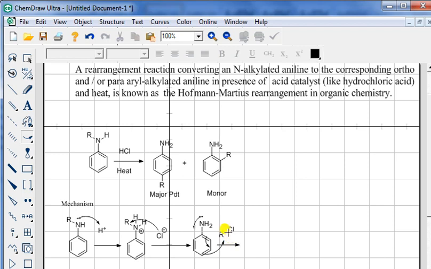Ortho is same. So this double bond will attack now here. So at the same time, you came to know what is Hofmann-Martius rearrangement, and also how to draw a structure. So let's see what forms.